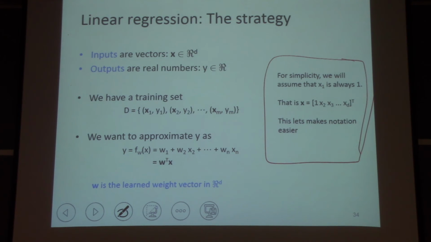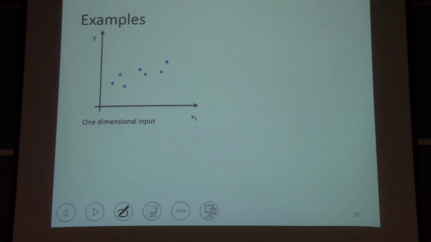It's a d-dimensional vector. And linear regression shows up everywhere. Some of you may have seen it before, some of you may not. But it effectively lets us find real valued predictors. So, for example, you may be given a bunch of points. In this case, let's say it's a 1-dimensional input.